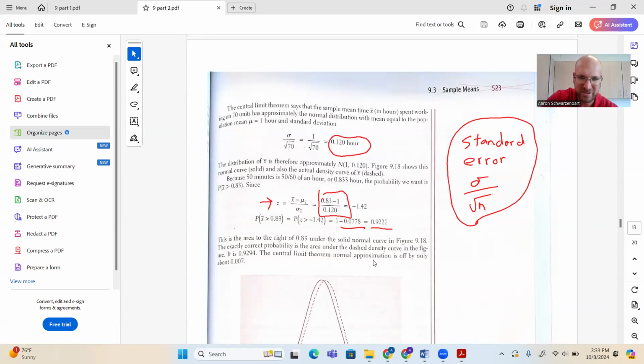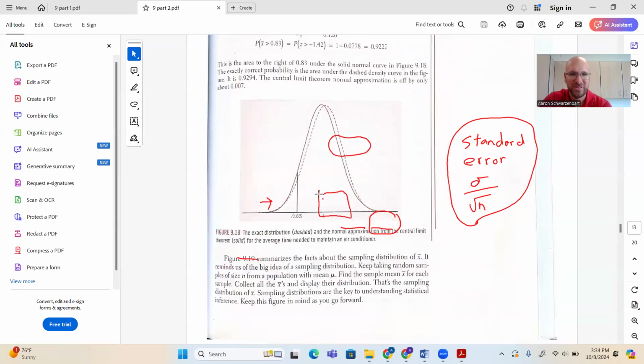The central limit theorem normal approximation is off by 0.007. This is the actual right here. This is what we calculated with the normal curve. That's pretty close. There's a 92% chance that my average is going to be over 50 minutes.